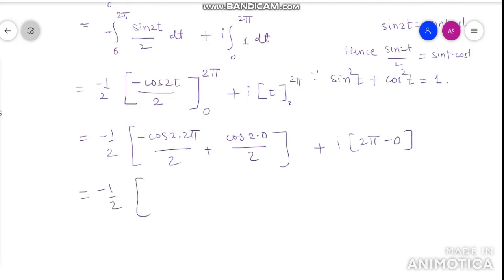So this is minus cos 4 pi. So it is minus 1 by 2 plus cos 0 is 1 upon 2 plus 2 pi i, that is equal to minus 1 upon 2 into 0, because minus 1 plus 1 is 0, plus 2 pi i. Okay.